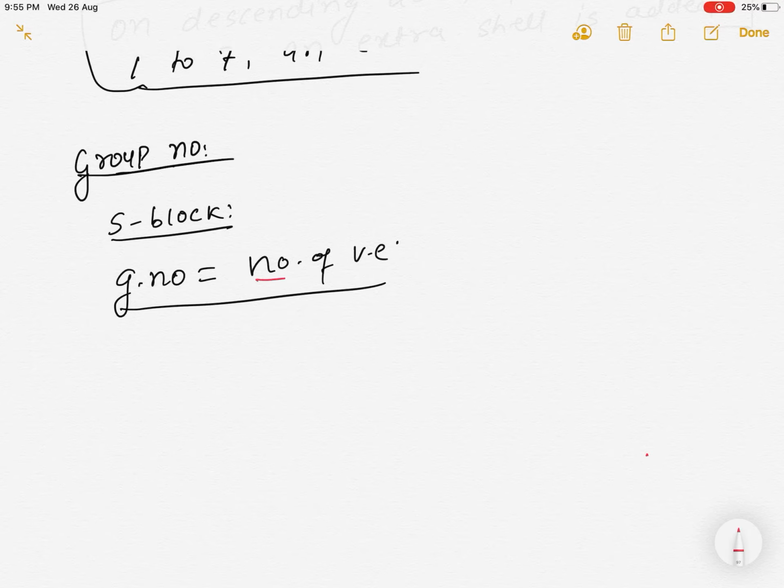Now, just think about this. If an element is an S block element, is that clear that the last electron has to enter in the S subshell?